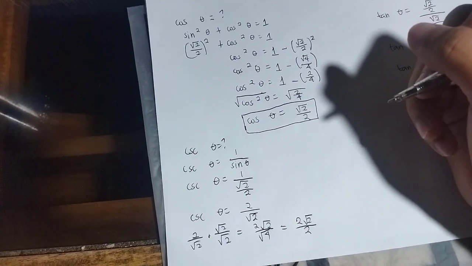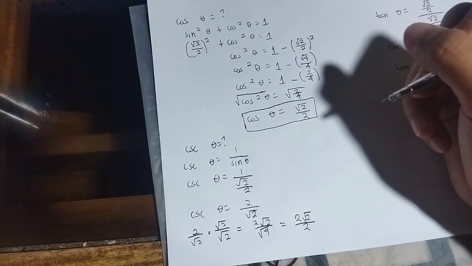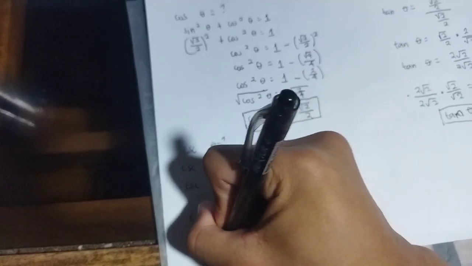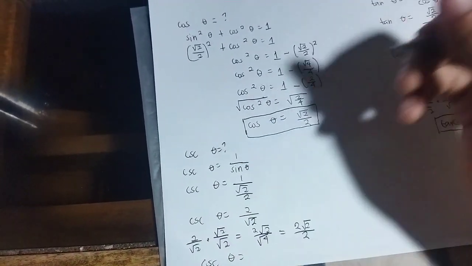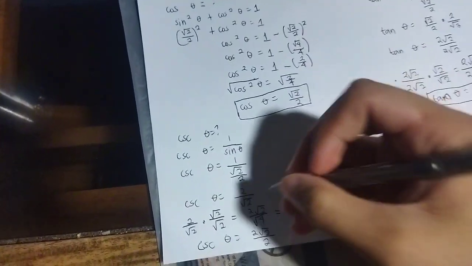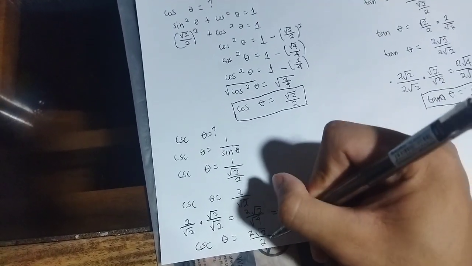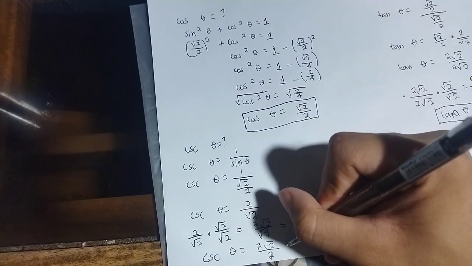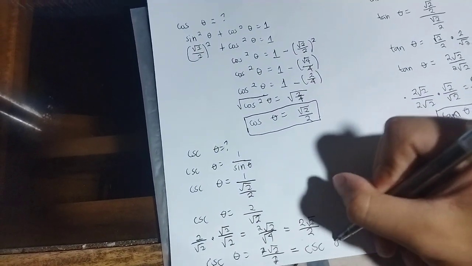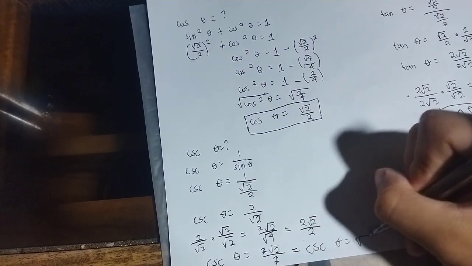So we have cosecant theta, 2 square root of 2 over 2. Then divide it into 2. So we have cosecant theta is equal to square root of 2.